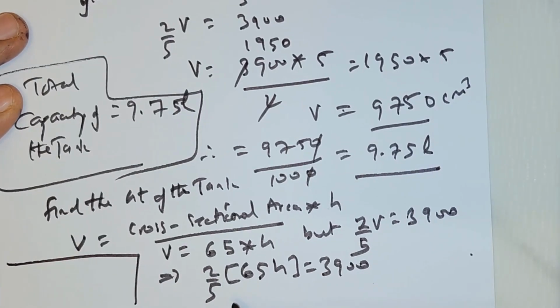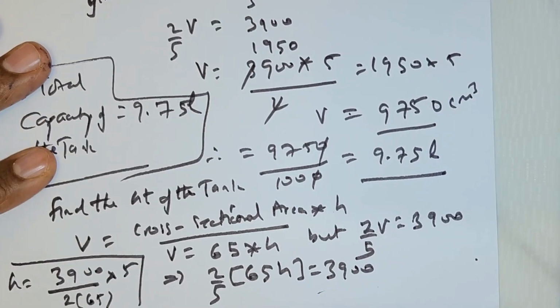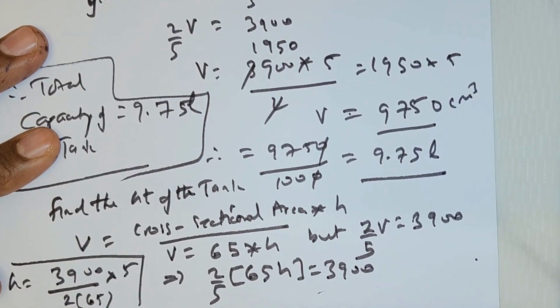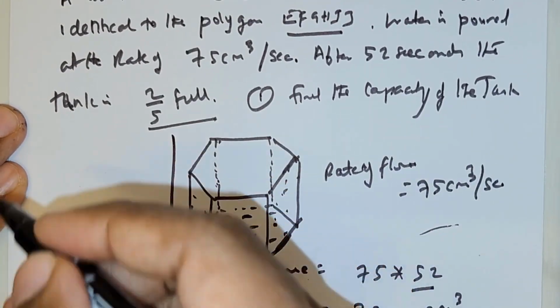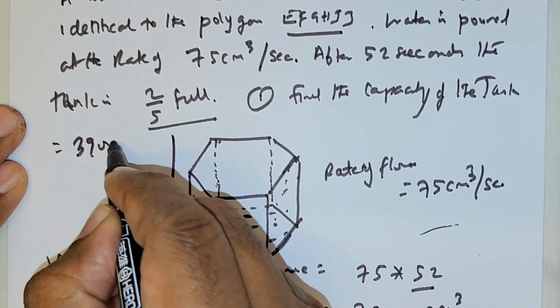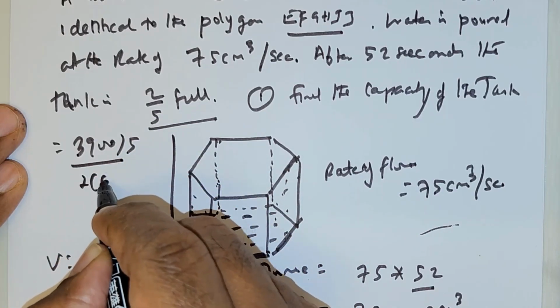So you cross multiply, you get h is equal to 3900 divided by 2 times 65, and you have a 5 there. 5 goes to the right side. So what we can do is reduce this. Let me use this space here. 3900 times 5 divided by 2 times 65.